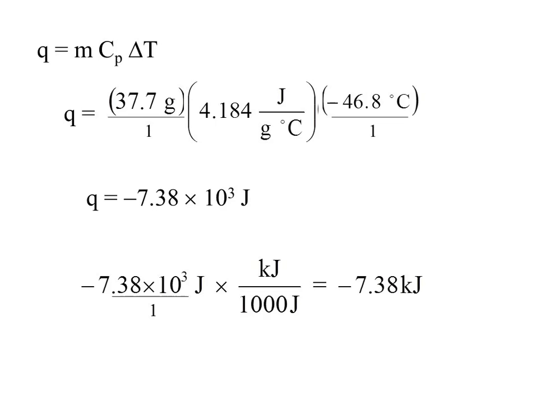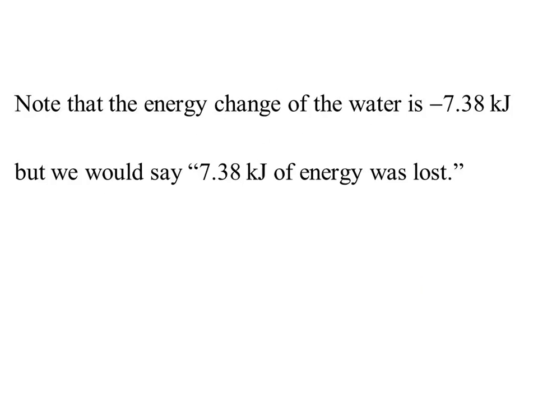So a little bit of semantics here. The next slide is going to talk to you a little bit about, well, you'll see, semantics. It's important that you say Q is equal to negative 7.38 kilojoules or negative 7.38 times 10 to the 3rd joules. If you use the words energy is lost, see if this makes sense.